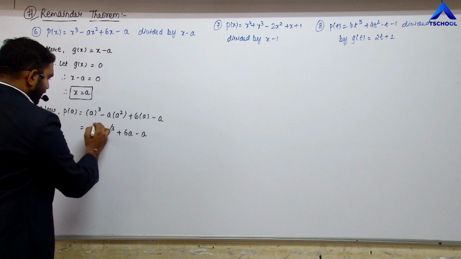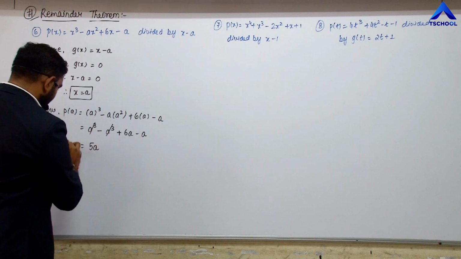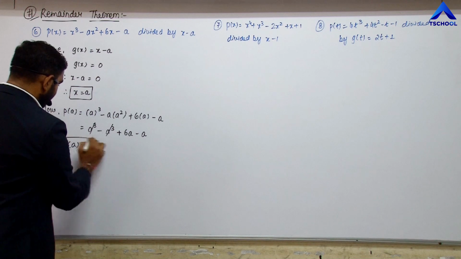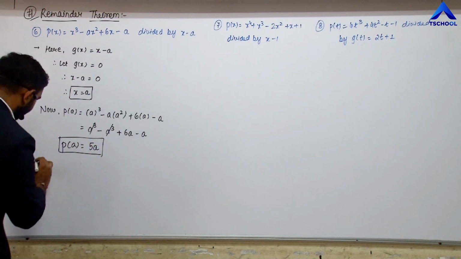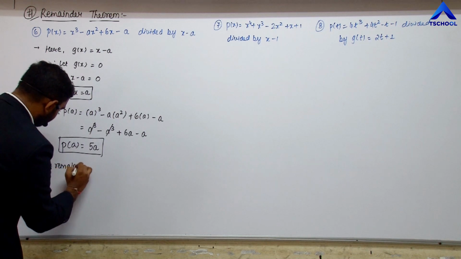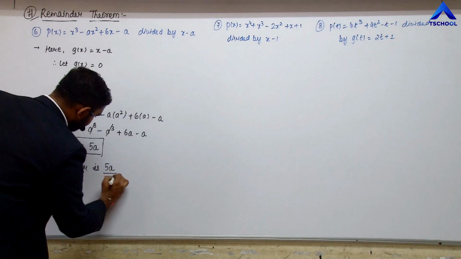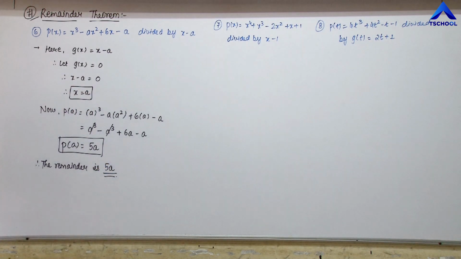So a cube and minus a cube will be cancelled. 6a minus a is equal to 5a. Therefore the remainder is 5a.